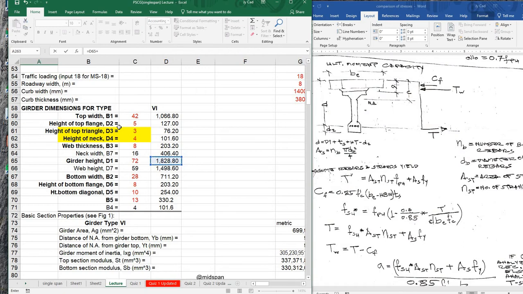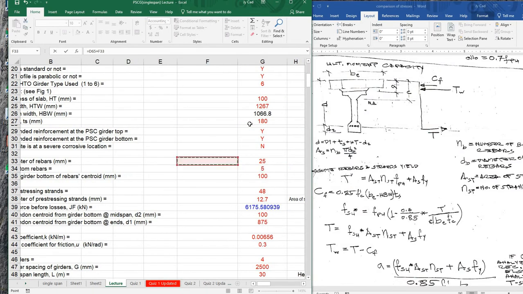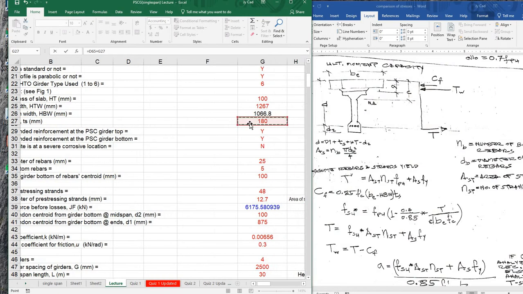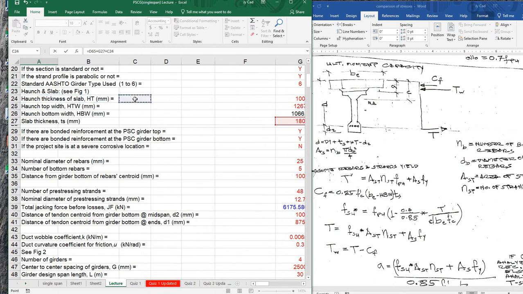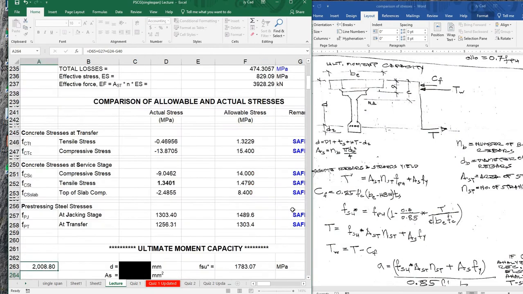D1 plus thickness of slab, ito siya, ayan. Okay, slab thickness 180, and then plus HT or height of the haunch, thickness 100, minus D2. Okay? Minus, nasan si D2? Ito. Then I will press enter.